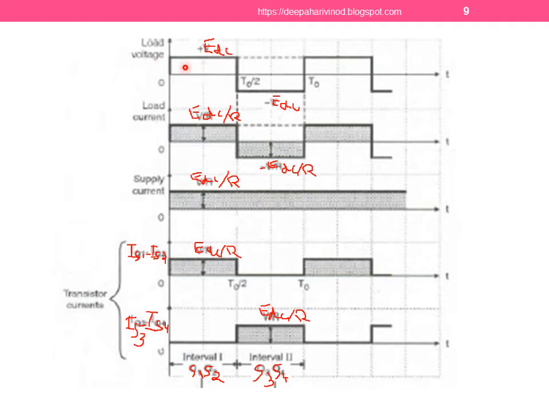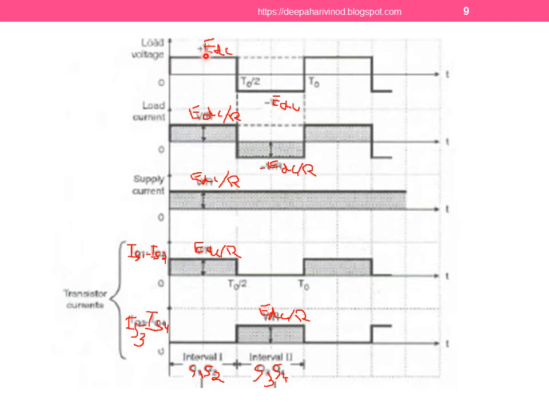At this point, from here to here, switches S1 and S2 are on, and the load voltage is plus EDC, and the load current flows from A to B. Since S1 and S2 are both on, the load voltage is plus EDC, as we can see here, since we have given the input voltage as EDC.